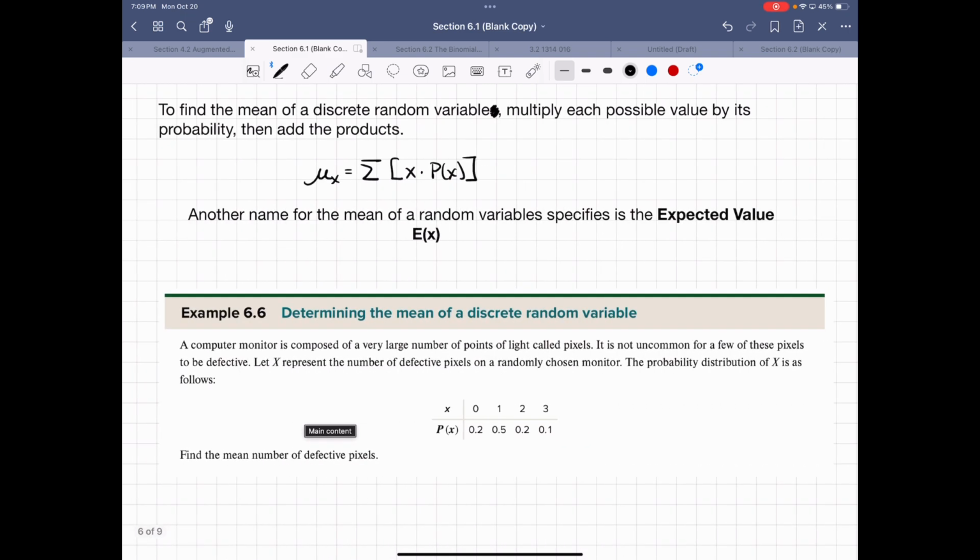So another name for the mean of a random variable is the expected value, or E of x, okay?